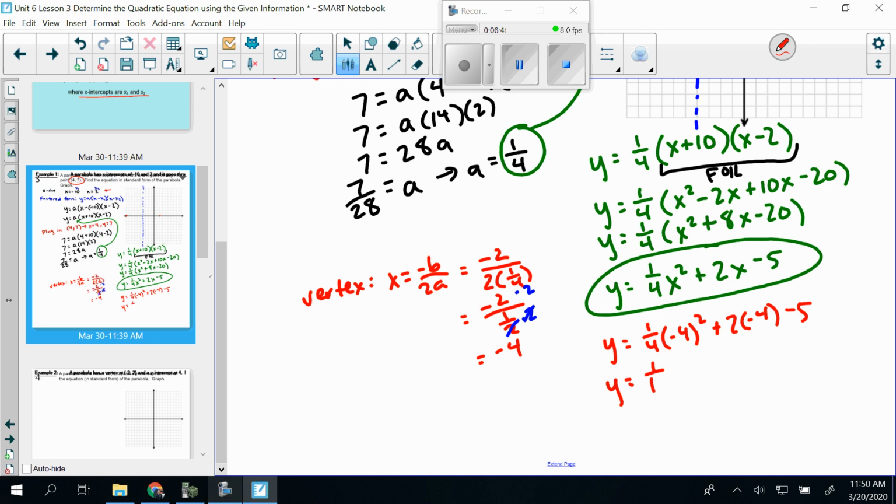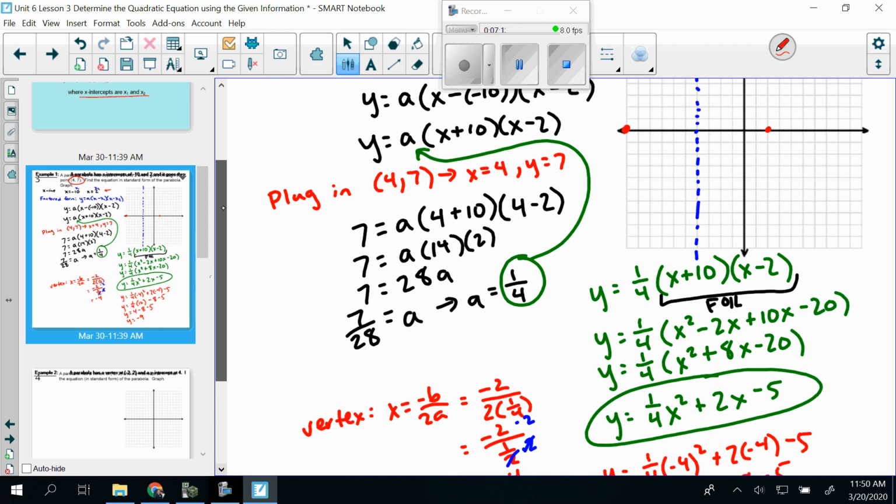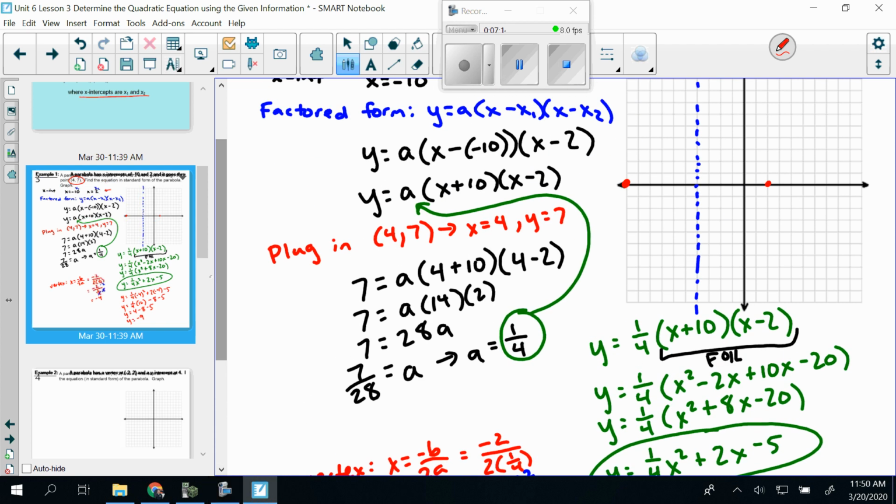So -4 times -4 is 16. 2 times -4 is going to be -8. 1/4 of 16 is 4. So now if we go through and do that math, looks like we get -9. So we know that the vertex here now is at -4, -9, and our parabola looks something like that.